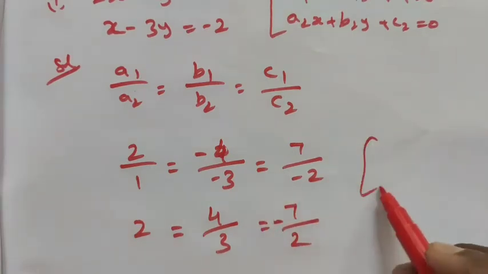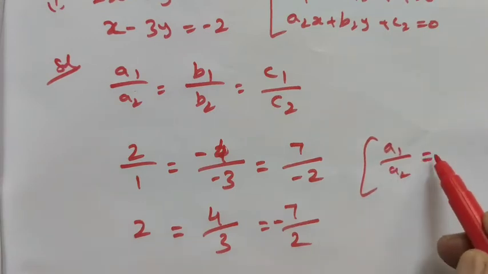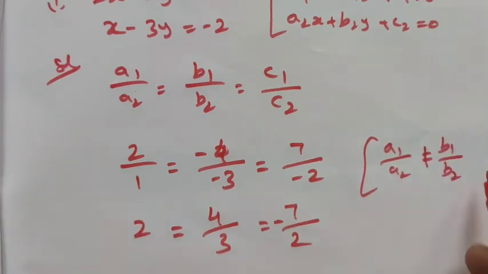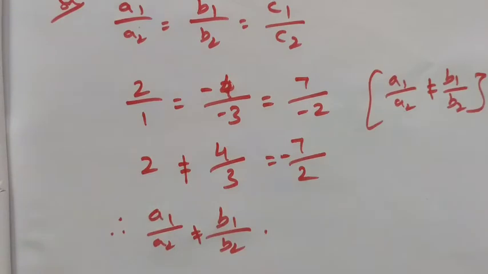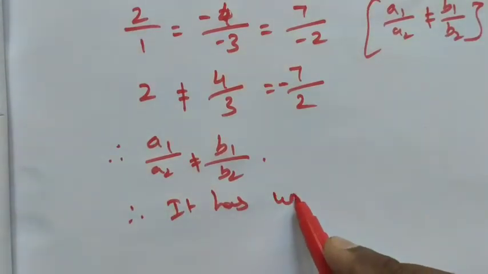When we have the condition a1 divided by a2 is not equal to b1 divided by b2, we can say it has a unique solution; the lines intersect at one place. Here a1 divided by a2 is not equal to b1 divided by b2, therefore it has a unique solution.